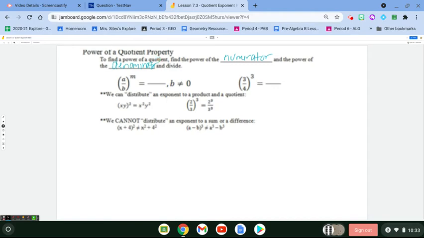So for example, if you had the quantity a over b to the m, you would take that exponent of m to both the numerator a and the denominator b. So that would be a to the m over b to the m, provided that b is not equal to 0. And if you had an example like 3/4 raised to the 3rd, we'd have 3 to the 3rd over 4 to the 3rd, and then simplify those down further.